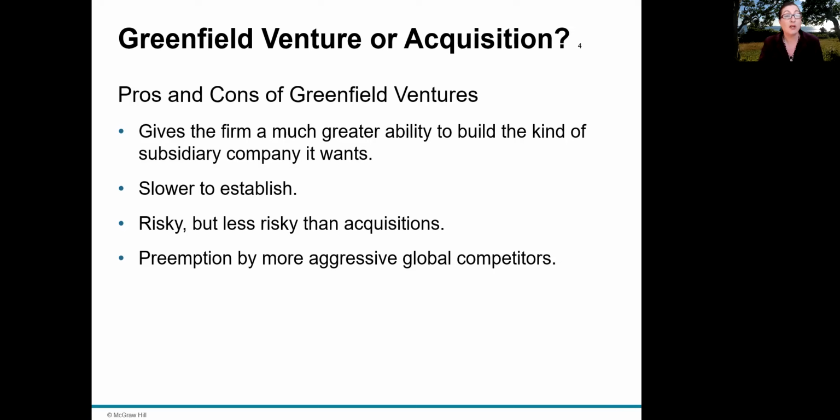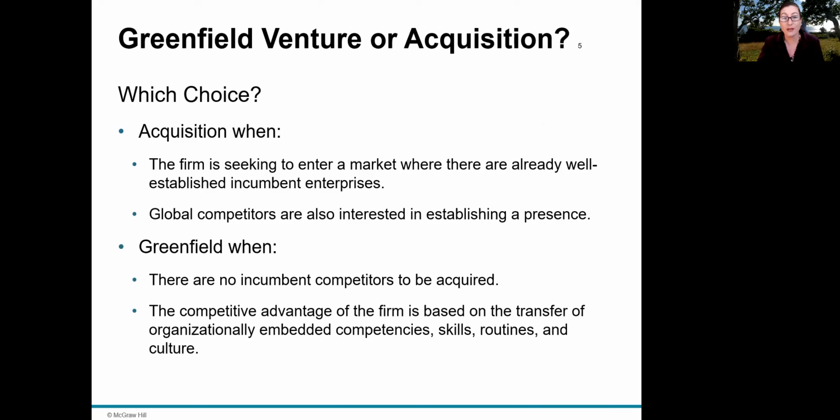Now, of course, because you're establishing an entirely new operation from scratch in a foreign country, it's kind of slow and expensive and therefore more risky. But you can preempt more aggressive global competitors in taking on a greenfield venture.